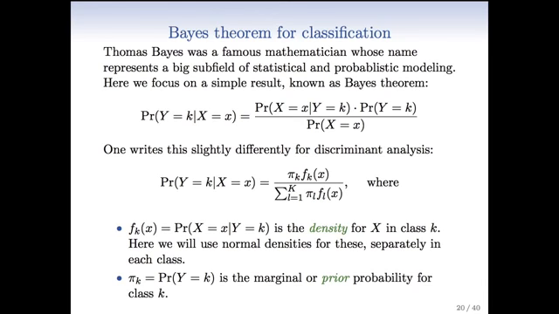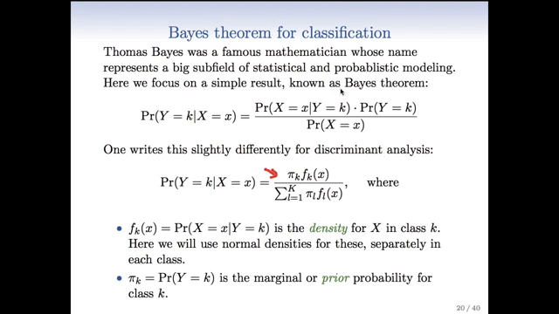We write things slightly differently in the case of discriminant analysis. The probability Y equals k is written as pi k. If there are three classes, there are going to be three values for pi, just the probability for each of the classes. Here we've got class little k, so that's pi k.